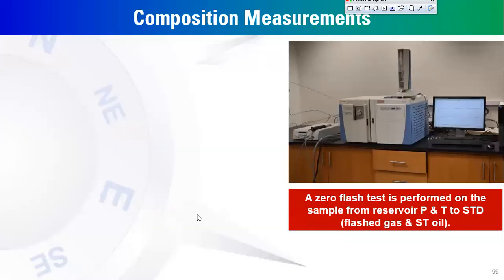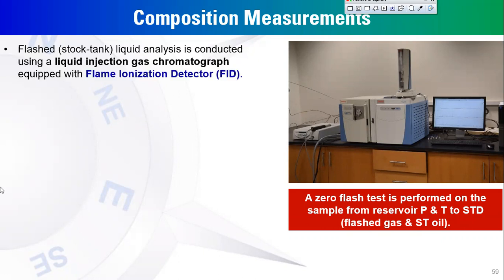So for compositional measurements, the first step of the PVT lab experiments is to start using a zero flash test. The sample will be converted from reservoir pressure and temperature to a standard pressure and temperature in a single step, which means we have two components, flashed gas and stock tank oil. The flashed or stock tank liquid will be analyzed using a liquid injection gas chromatograph equipped with what we call an FID, flame ionization detector.